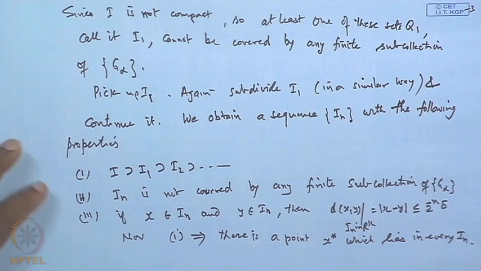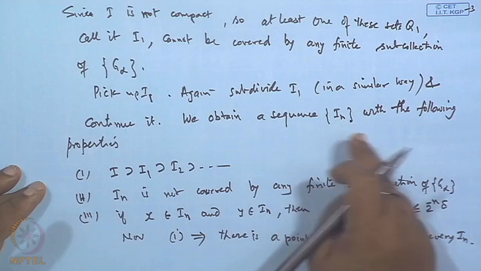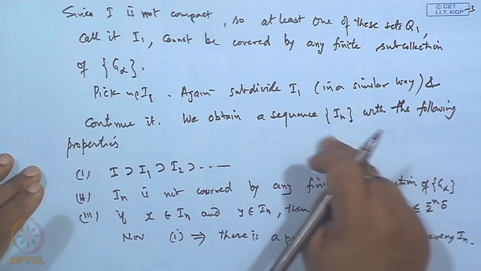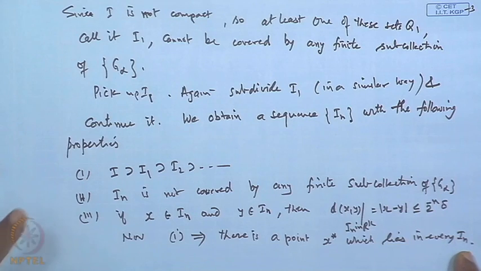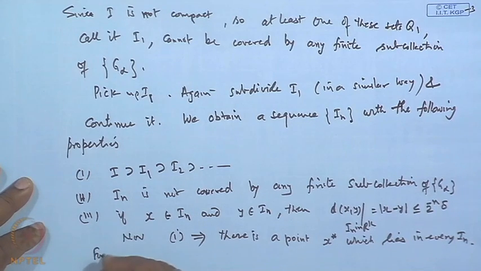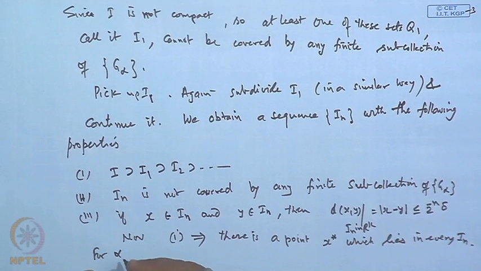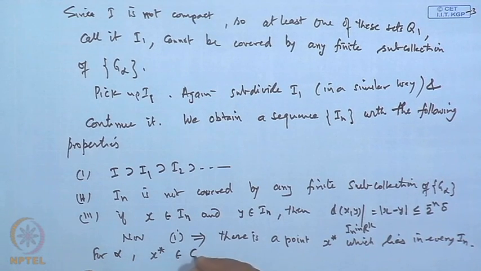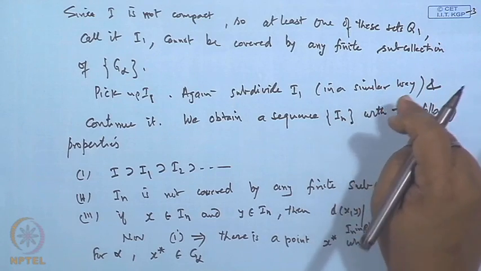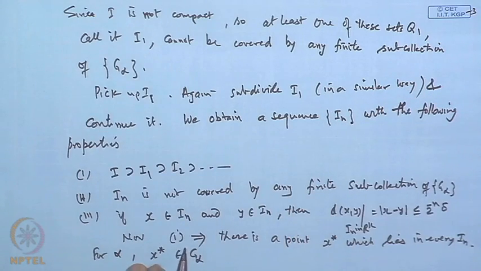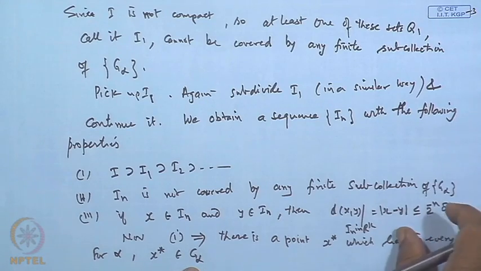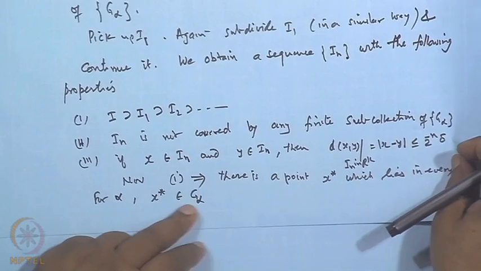Second, x star belongs to some I n. I n is part of the K cell, so we can find some alpha such that x star belongs to one element of the open cover, say G alpha, because we have taken G alpha as an open cover of I. So this x star belongs to some G alpha.